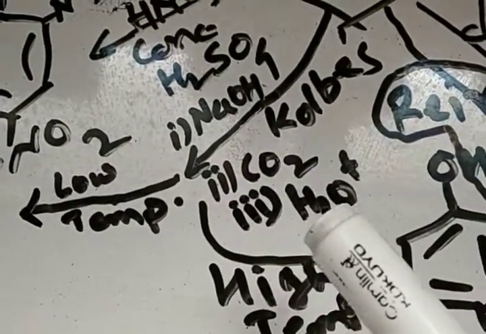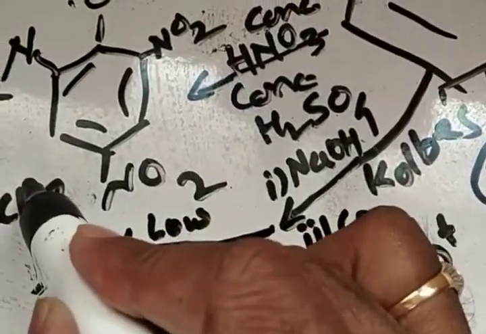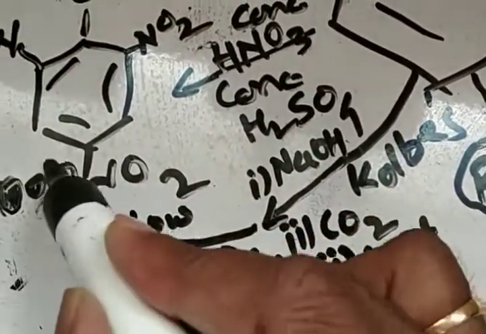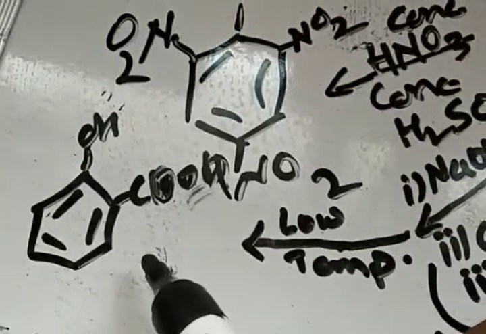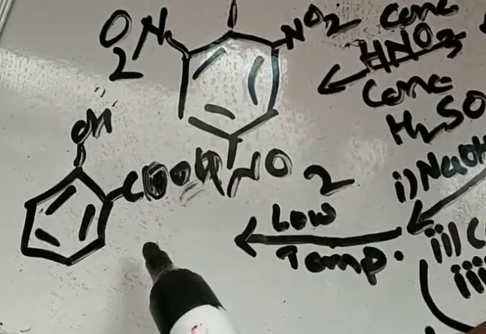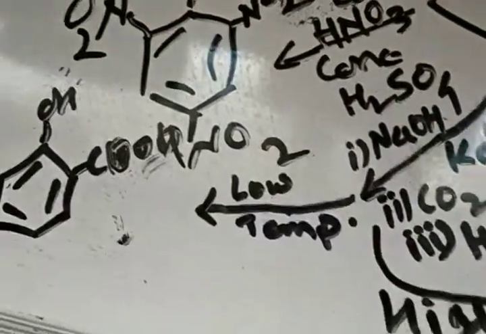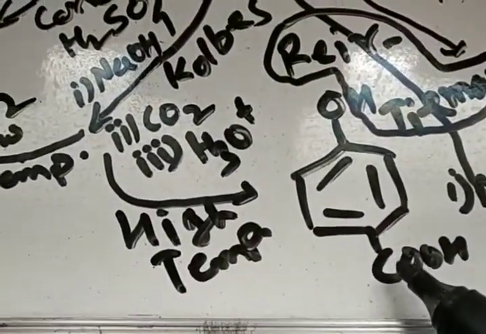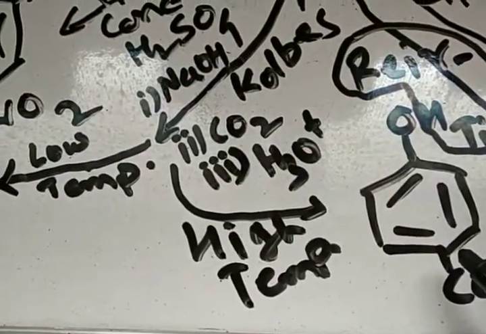Here one correction is there. Instead of benzaldehyde we get benzoic acid. The compound is known as salicylic acid. Means at low temperature we get orthohydroxybenzoic acid, that is salicylic acid, and at high temperature we get parahydroxybenzoic acid. Means temperature decides the product.